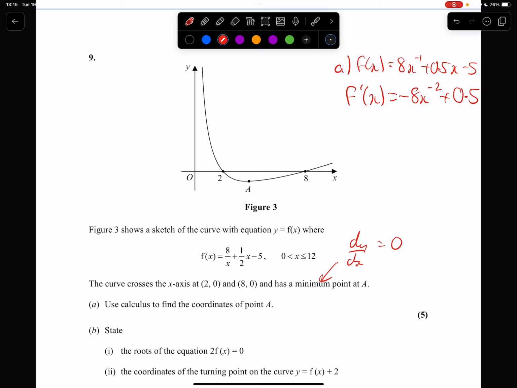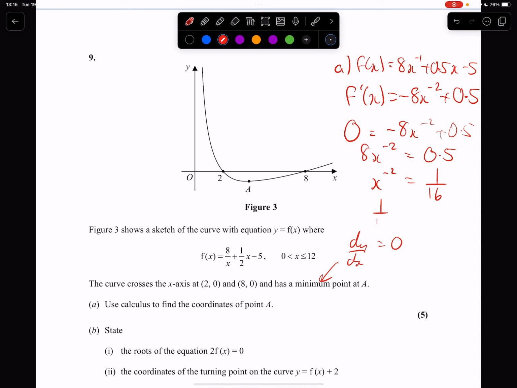So finding out when this is equal to 0, we would get that 8x to the minus 2 equals 0.5, or x to the minus 2 equals 1/16.